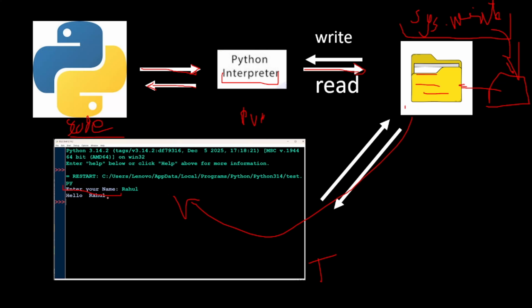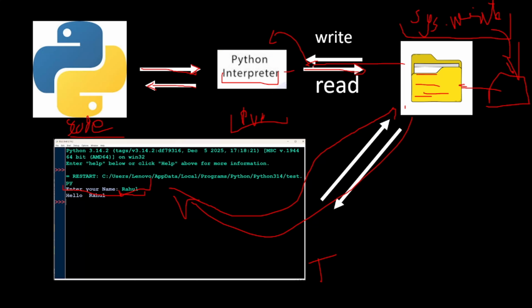Now we need an input, so the system will wait for the input. Whatever you write over here and press enter is transferred to this file and returned, and that returned value is again transferred to the PVM for further operations.